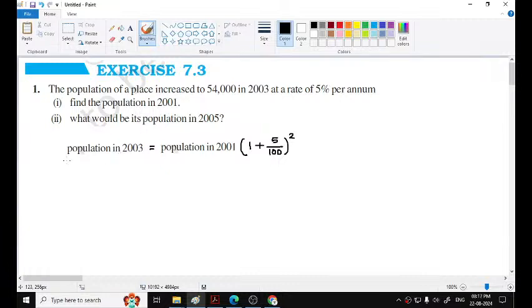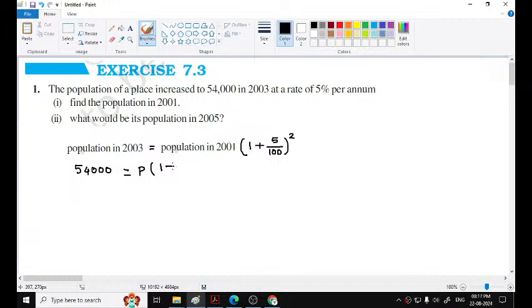So our formula is: population in 2003, that is increased population, can be obtained by population in 2001 into (1 plus r, that is rate of interest, upon 100) raised to number of years. Now we have this value as 54,000, and we want to find out this population. Let us denote it by p.